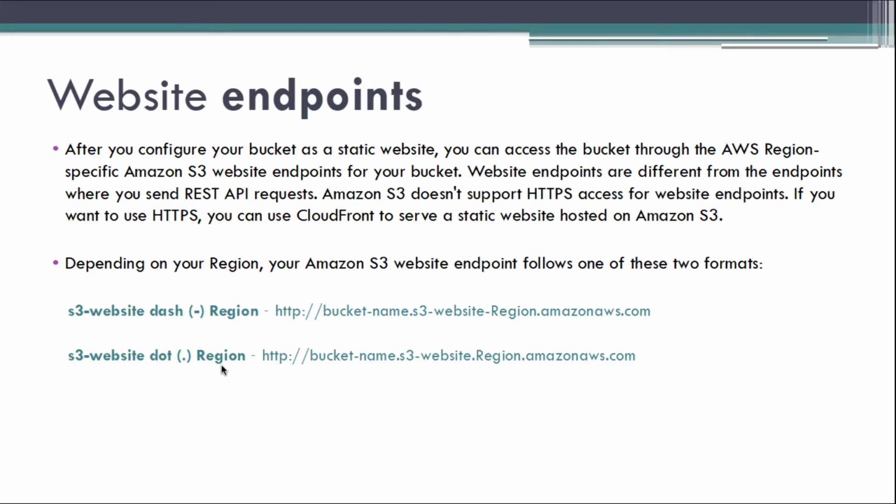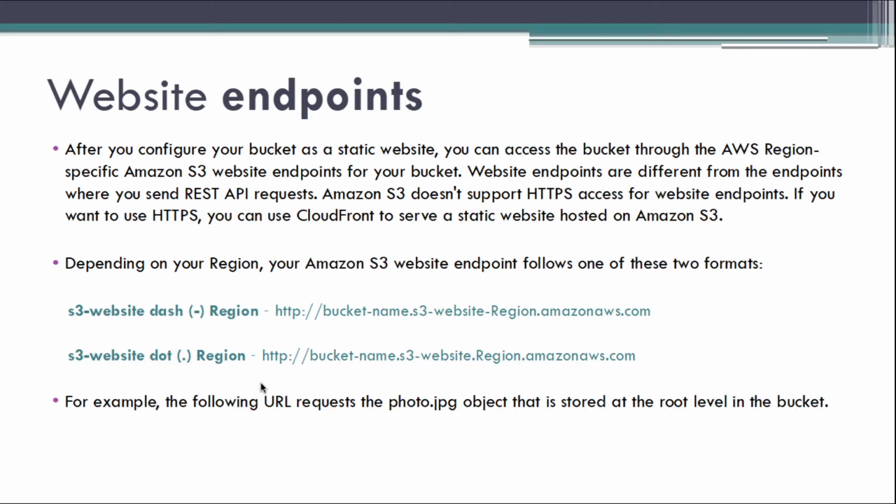So these two formats are available for your website endpoint. For example, the following URL requests the photo.jpg object that is stored at the root level in the bucket. Then what may be your endpoint? http://example-bucket.s3-website.us-east-2.amazonaws.com/photo.jpg. So this is the sample URL.